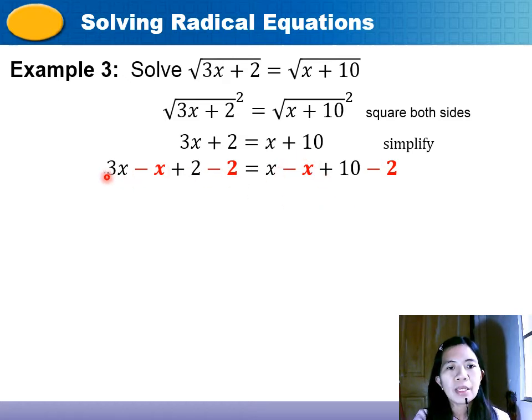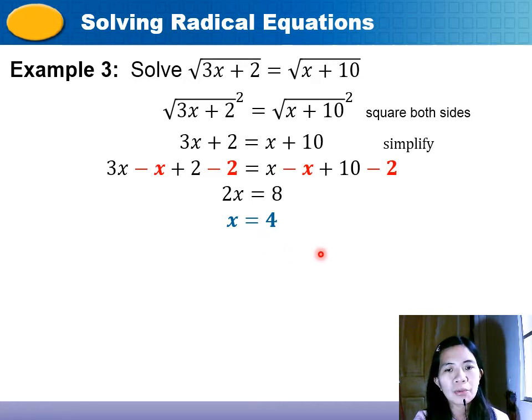So we have here 3x minus x will be 2x equals 10 minus 2 equals 8. So here this one is already equal to 0. So divide both sides of the equation by 2. The answer is 4. So this is the solution of our equation.